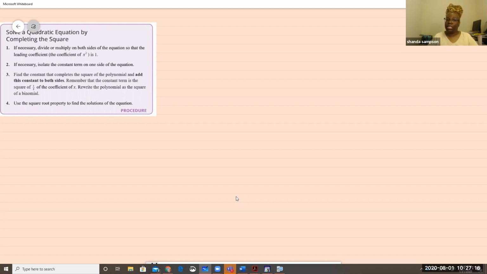So the first step is that a needs to be 1. You should know that a quadratic equation is written in the form ax squared plus bx plus c equals 0. Equation because you have the equal sign, of course.